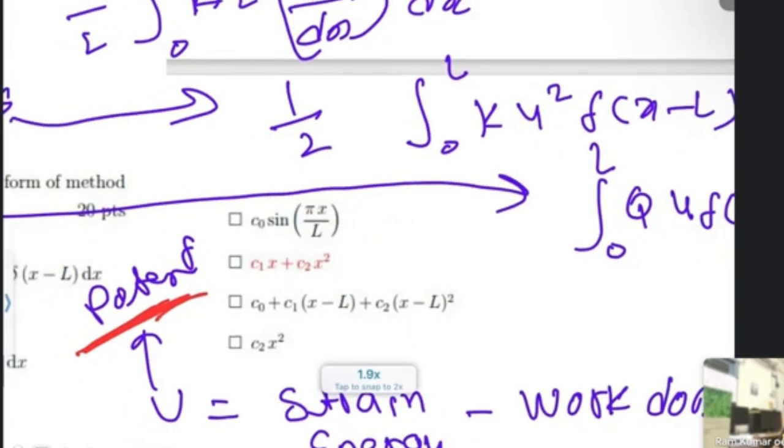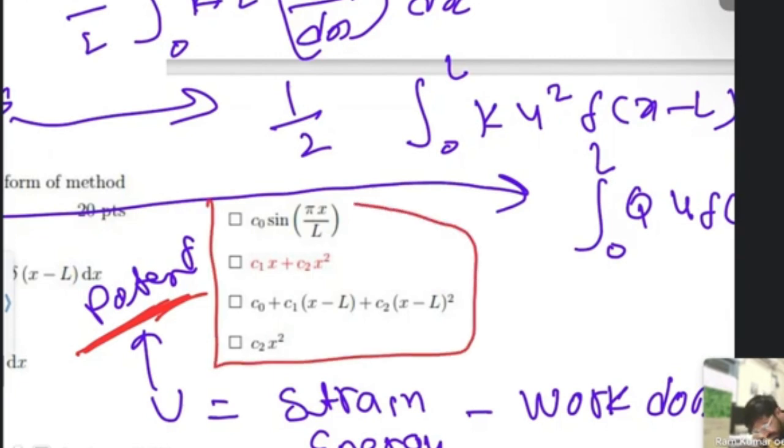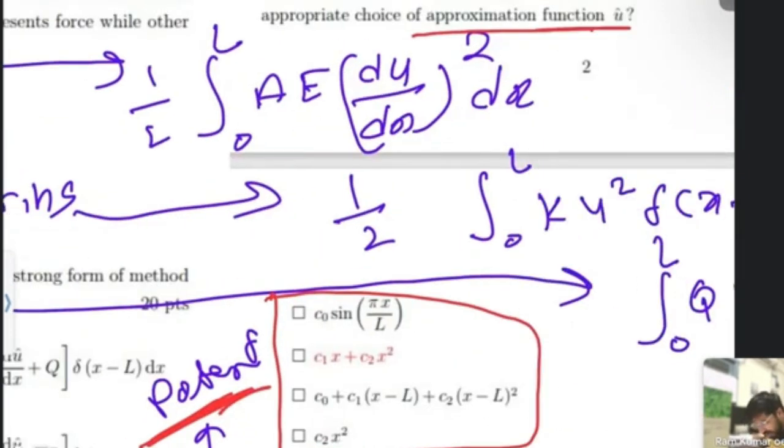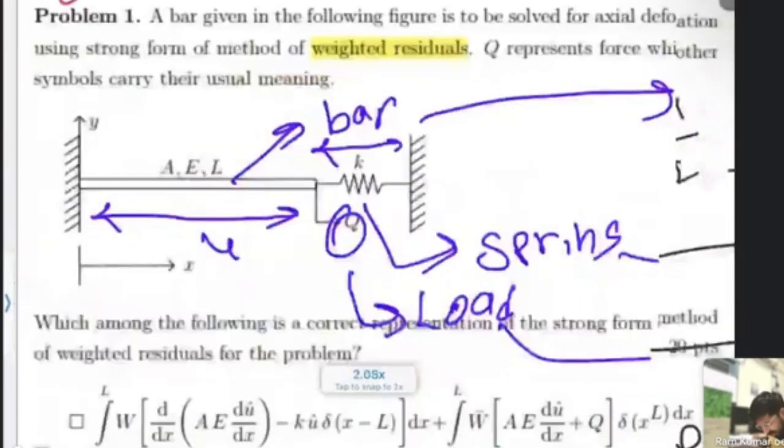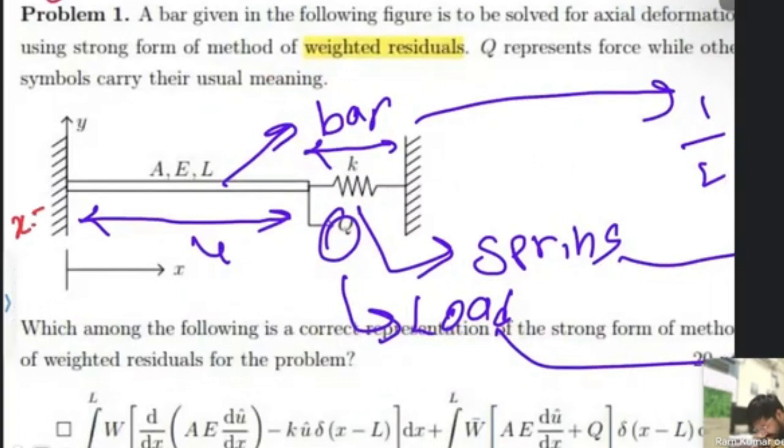So now what you have to do, you have to satisfy the boundary condition. So to find that any function, first we have to satisfy boundary condition. So what boundary condition we are having? Like this, at x equal to 0, displacement will be 0, and at x equal to L, or some distance we are having, this will be 0, L dash.